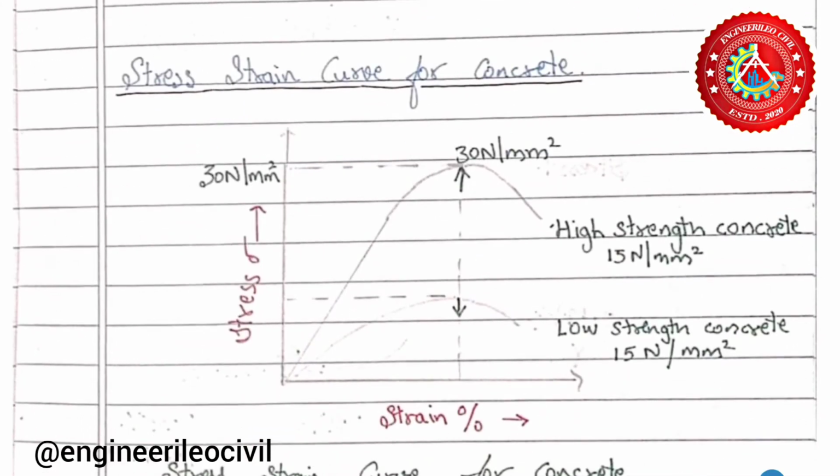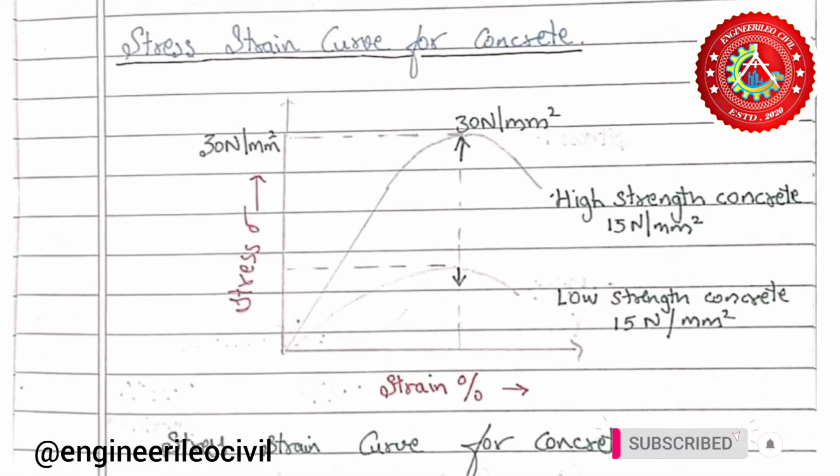So moving forward to the stress strain curve for concrete. The peak stress is at strain of about 0.002. The high strength concrete crushes at lower strain as its descending part is steeper, so it is more brittle. Crushing strain lies between 0.004 to 0.006.